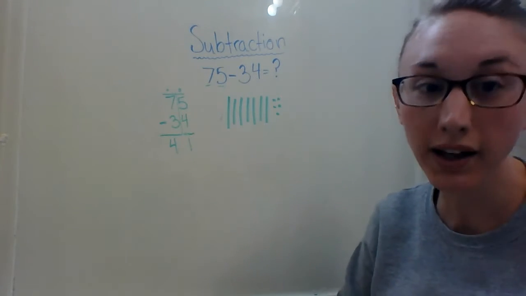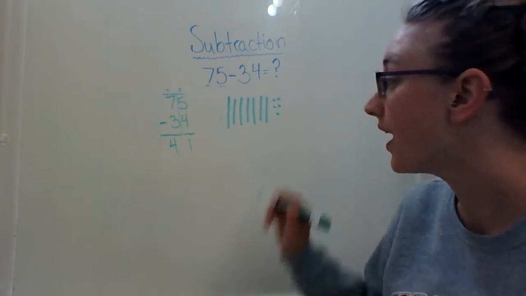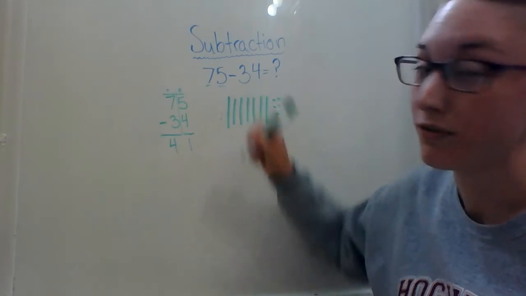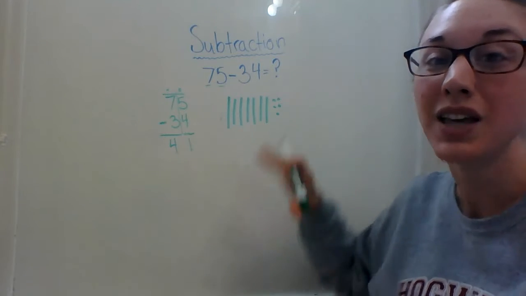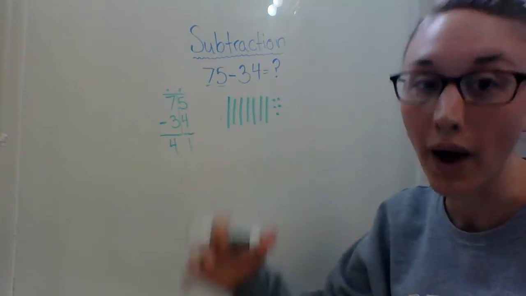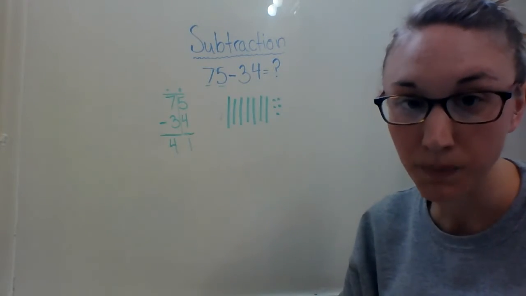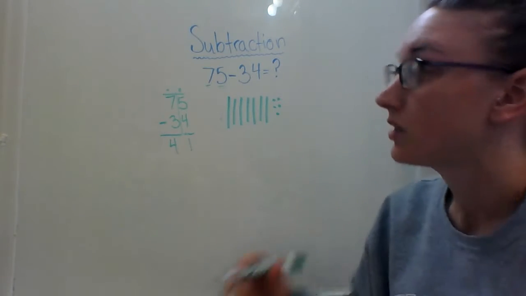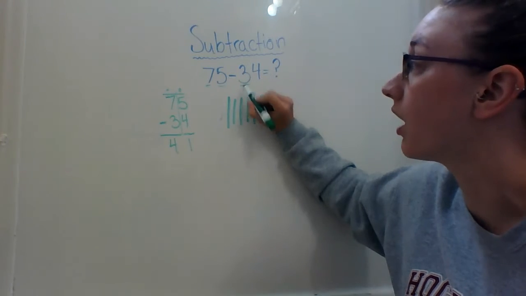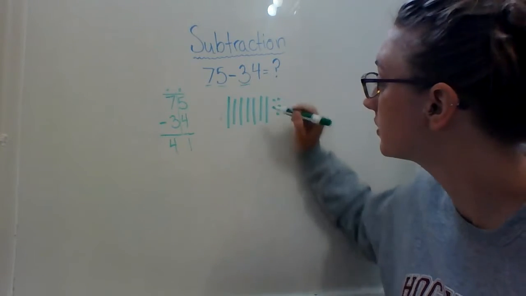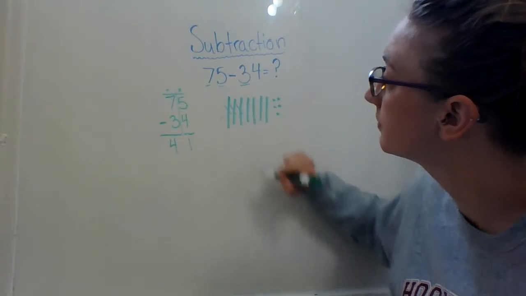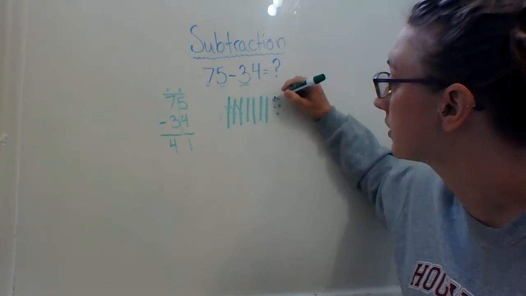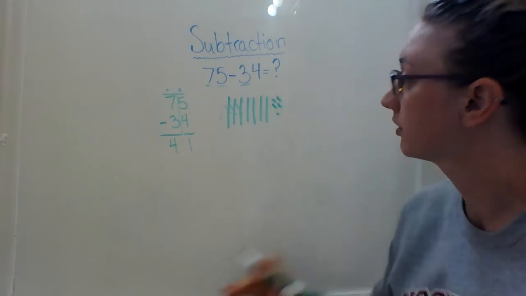Now, for subtraction, I don't have to write minus 34 because what I'm doing is taking 34 away. So all I have to do is cross off my tens and my ones. I need to cross off 3 tens, 1, 2, 3, and 4 ones, 1, 2, 3, 4.